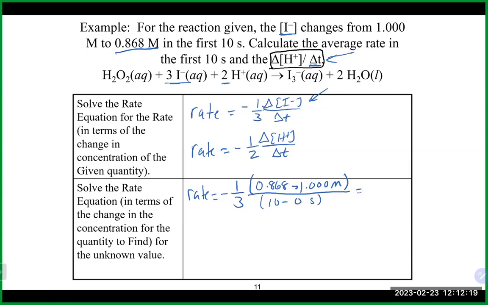And if we do all that, we'll get 0.868 minus 1 divided by 10, and also divided by 3, which takes care of our stoichiometry. And we will get 0.0044. The units here are molar per second. And that would actually be our average rate.